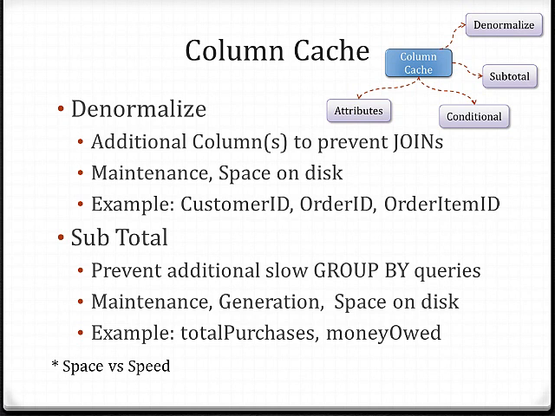Another idea of column cache is basically a subtotal. So imagine you have a customers table, and for some unknown reason, you really need to know how much money these customers have outstanding instantly. You can't calculate it; it has to be really, really quick.